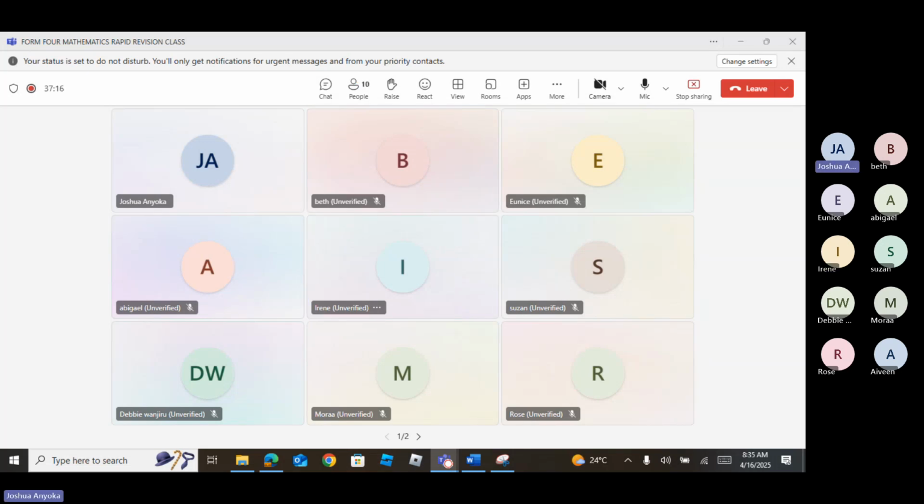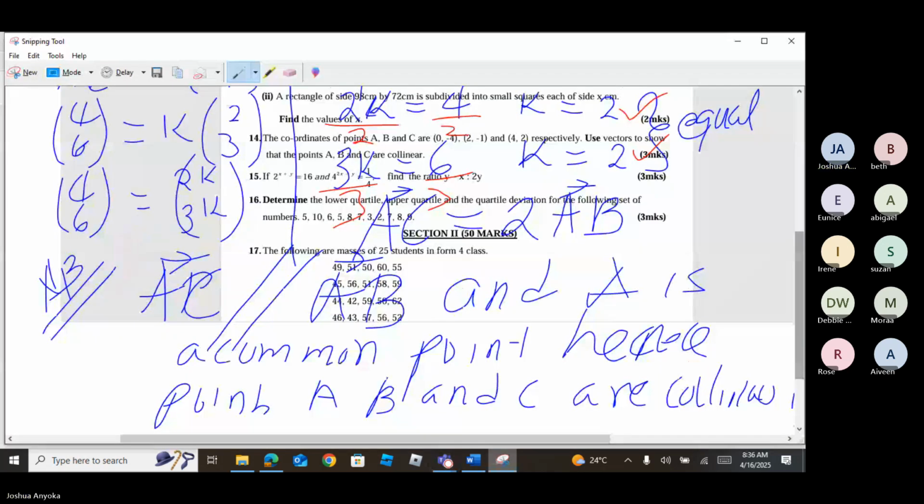No, we are good. So that's the process I want you to stick to when we are proving whether the 3 points are collinear. They lie on a straight line. So we come up with 2 vectors. We express one vector as a scalar multiple of the other vector.